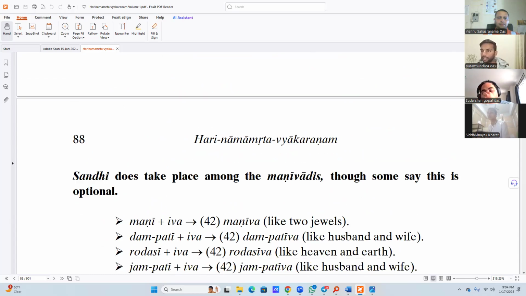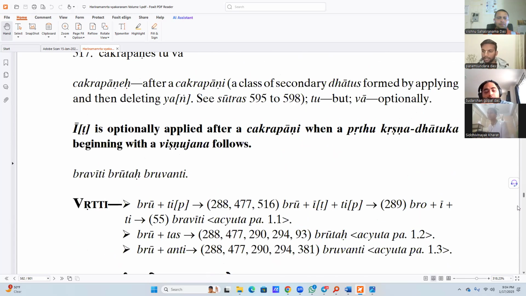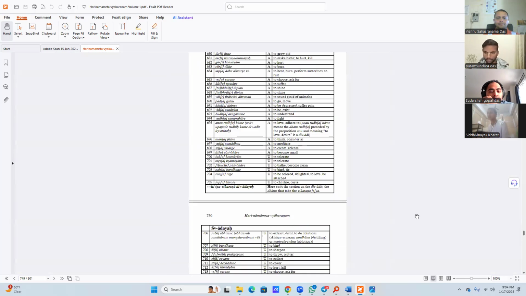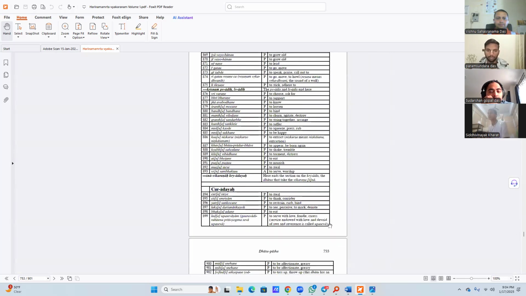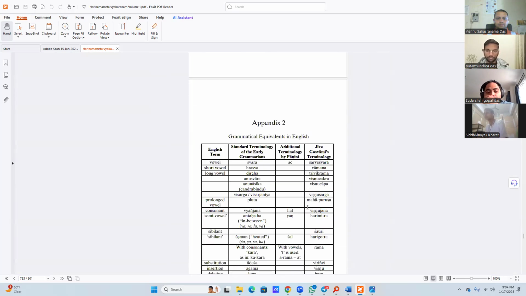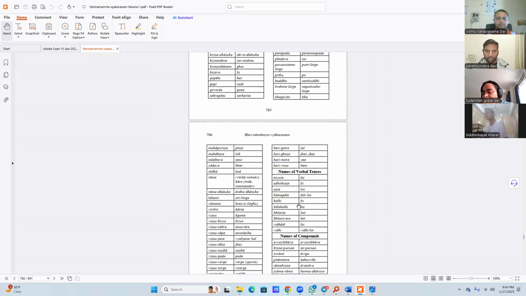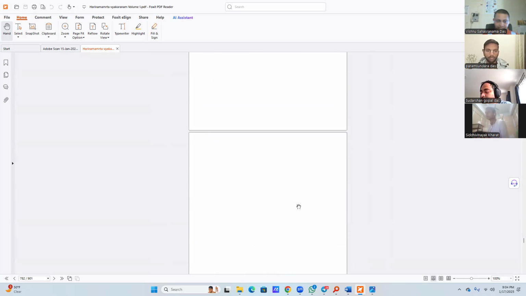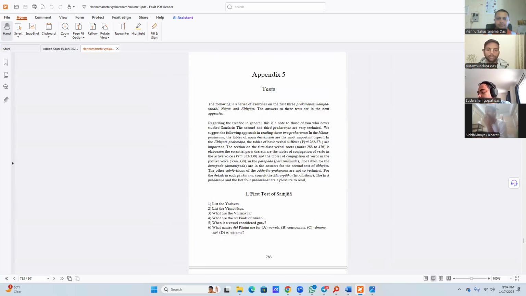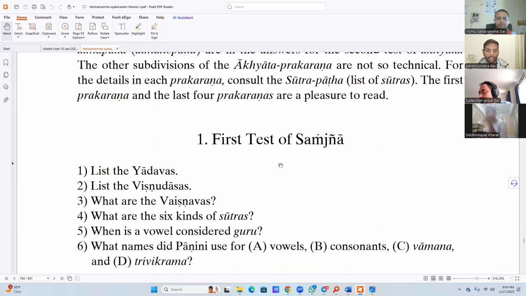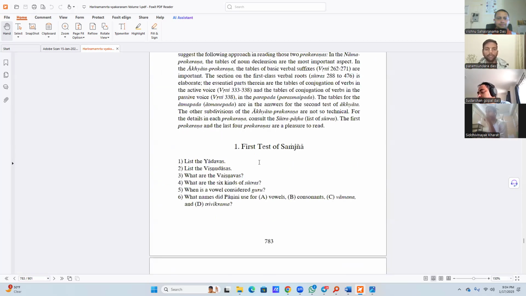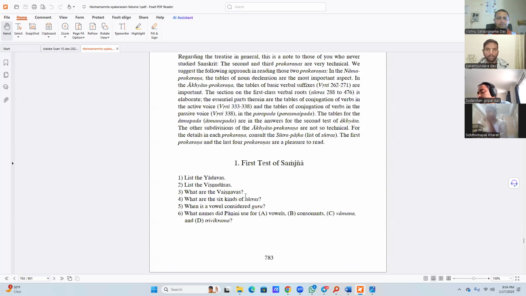In the appendix, they have given exercises which all of you can practice. You can do this on your own also. Page 783 of the PDF. They have given a test on sangyas, please go through that.